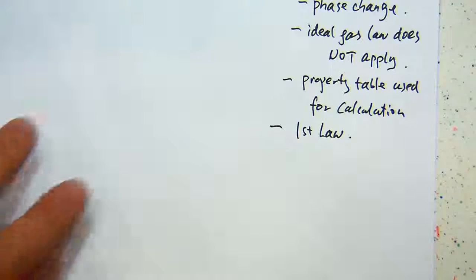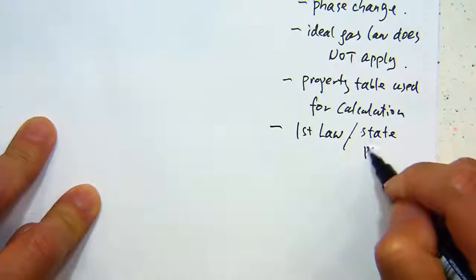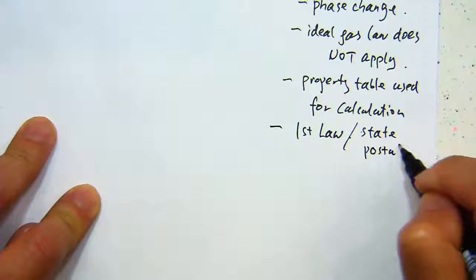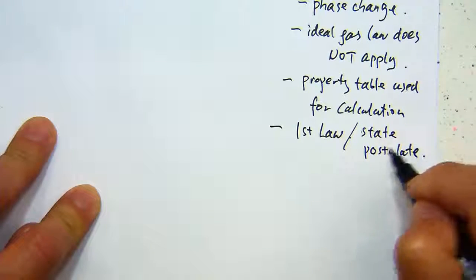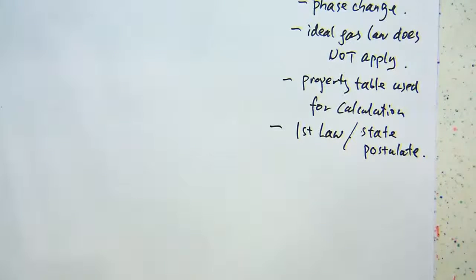So that's something you need to be aware of. As long as the state is fixed, which means you know two independent intensive properties, then just go to the table to find the rest. All right? So it's always there, be aware of that when you're using it. All right, so that's the major difference between the two types of cycles.